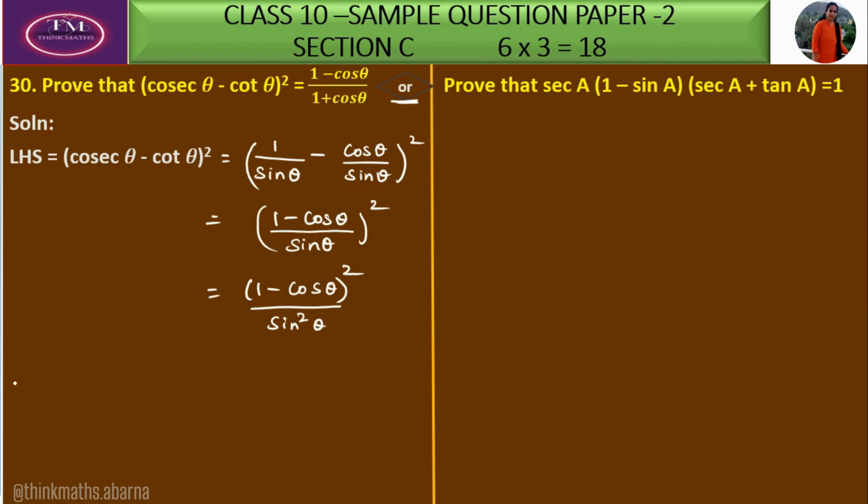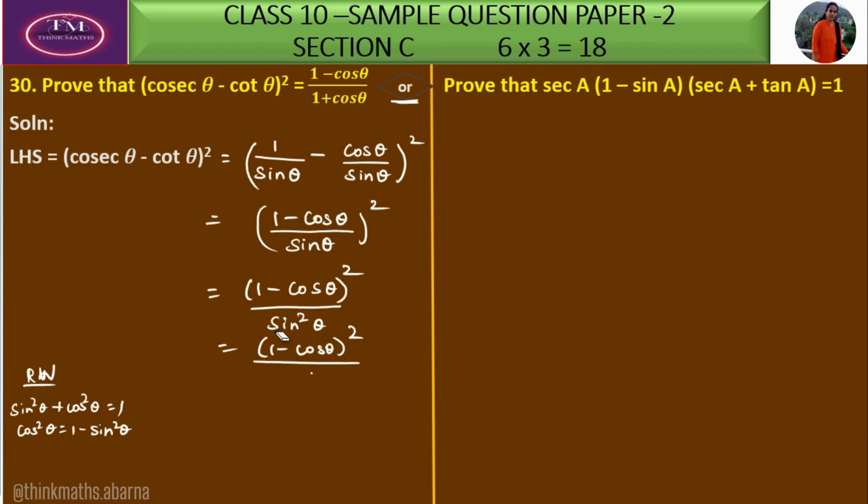Okay, so now the rough work. We know that sin square theta plus cos square theta equals 1. So cos square theta will be equal to 1 minus sin square theta. Sorry, just a minute children.